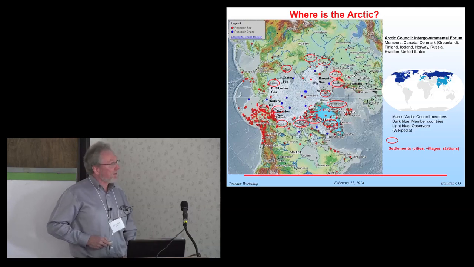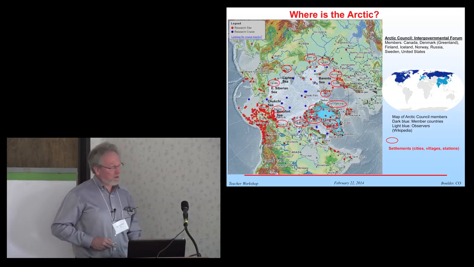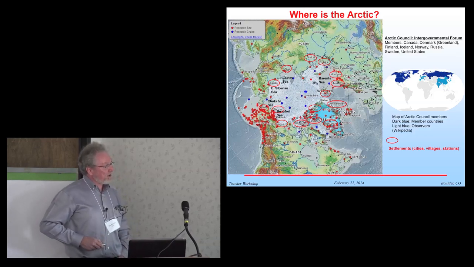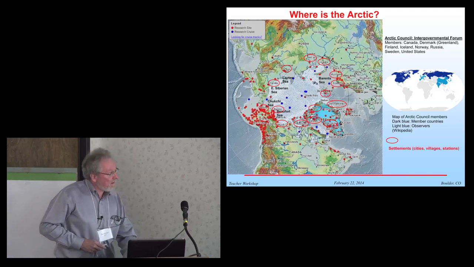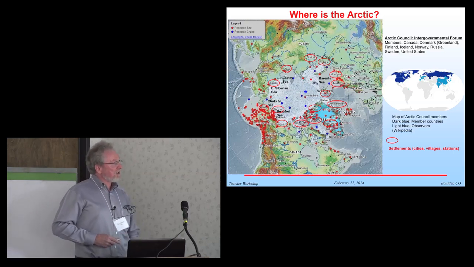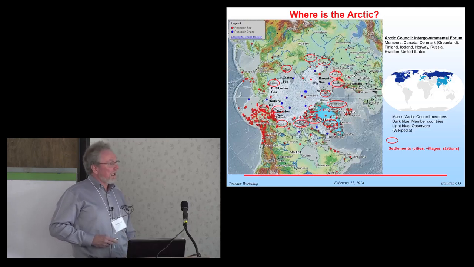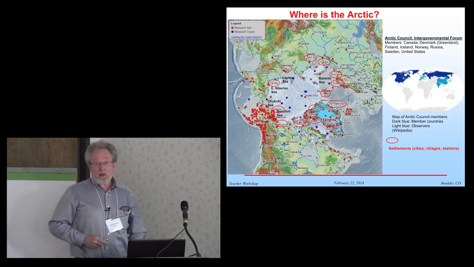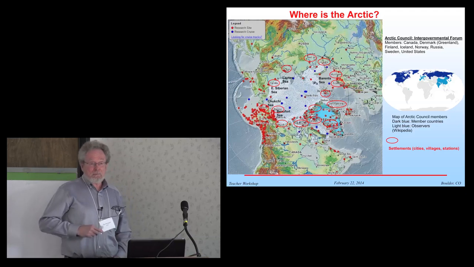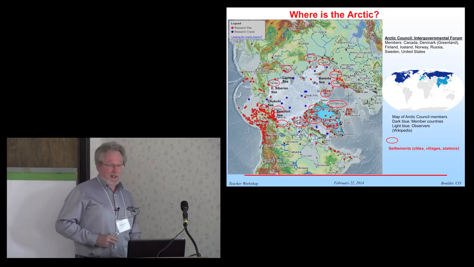It is an ocean, and it's mostly sea ice covered, at least for much of the year. There is some land around the periphery of this Arctic Ocean, and there are some settlements on that land also. Those settlements include some, what you would probably call cities, mostly villages, and also some research stations, military stations, those kinds of things.